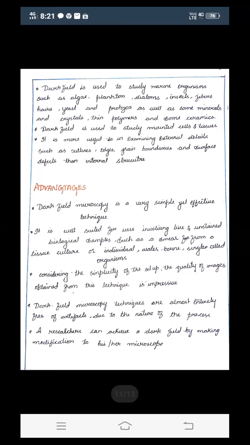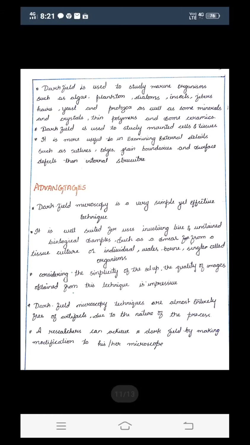Considering the simplicity of the setup, the quality of the image obtained from this technique is impressive. The image is clearly visible to our view.